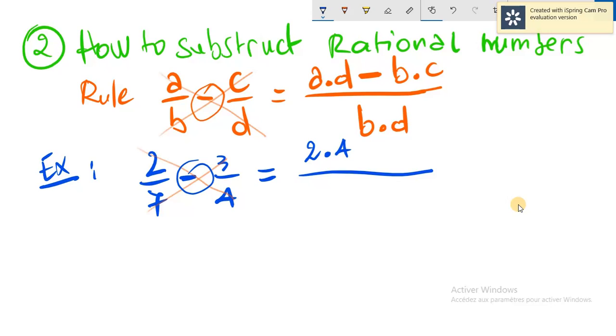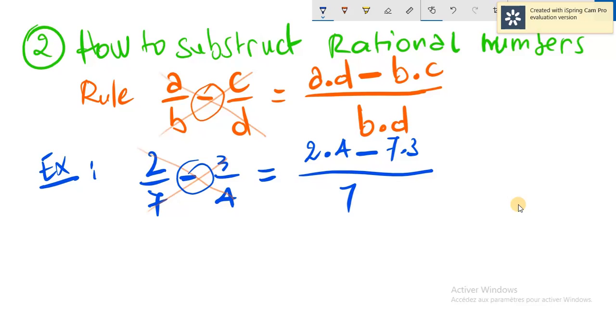If it was a plus, addition, you would put a positive here. So the operation is subtraction, so you need to subtract. 7 is crossed with 3, so you need to multiply 7 by 3. And as denominators, you need to multiply 7 and 4, so 7 times 4.